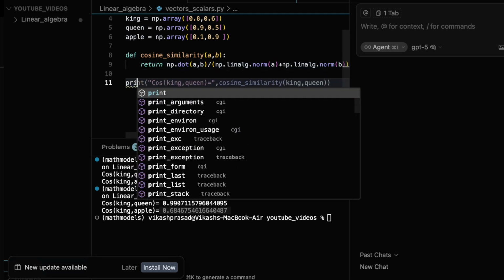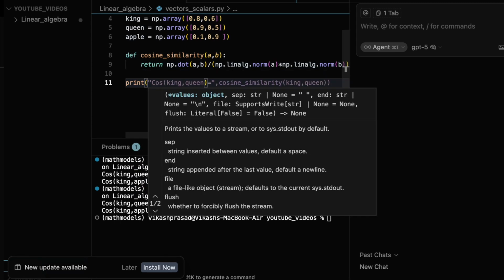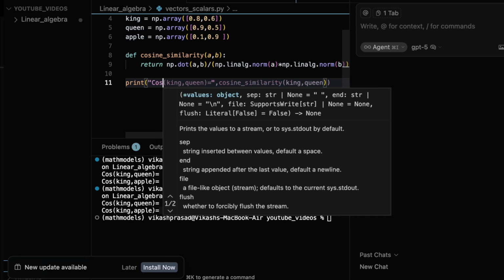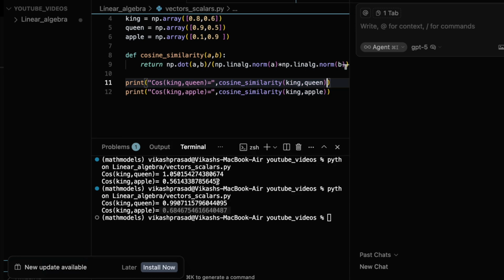Let's print the cosine similarity between king and queen. Let's run this and see how it works out. Let's clear this up.